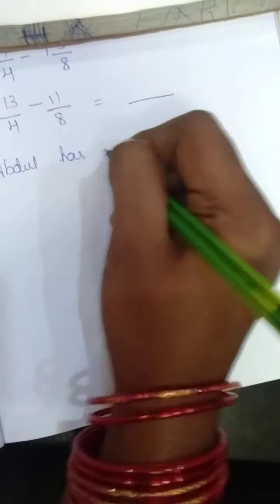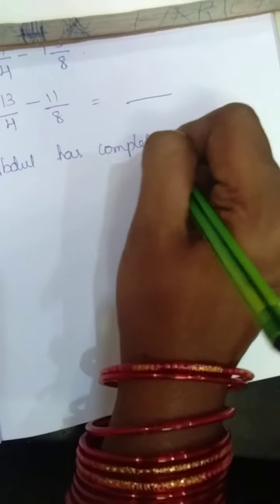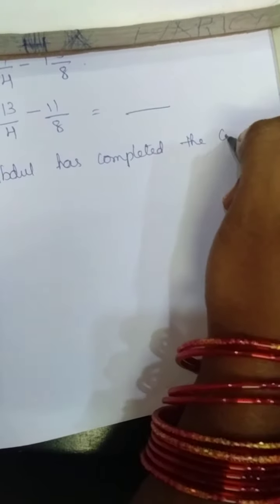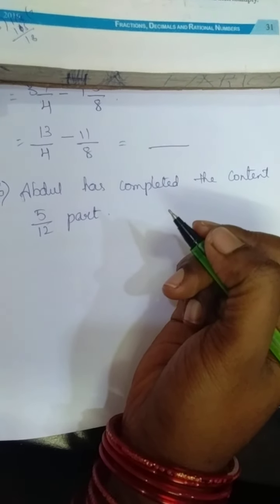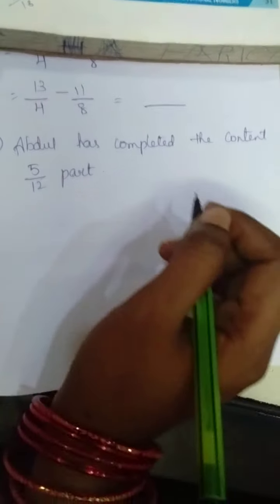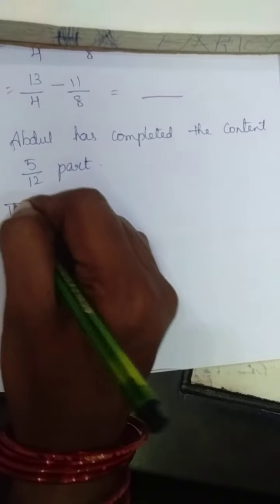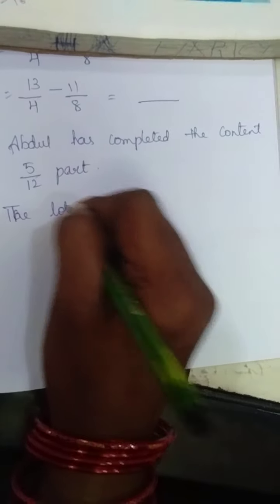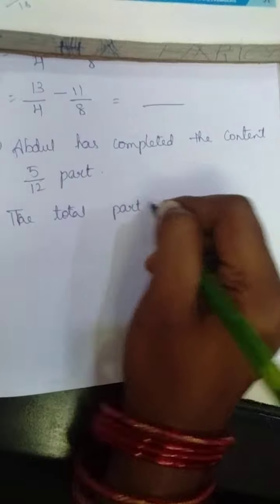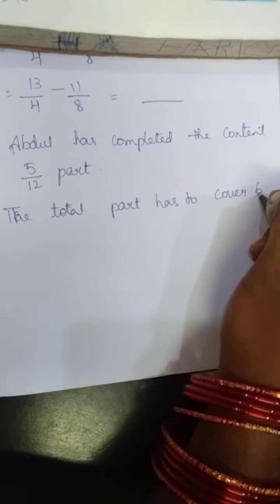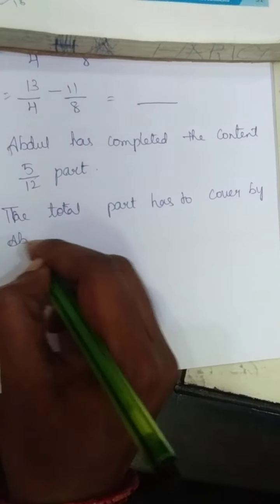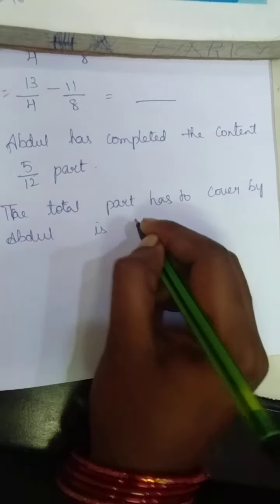Abdul has completed the content 5/12 part. Okay, now the total part to be covered by Abdul is 1.